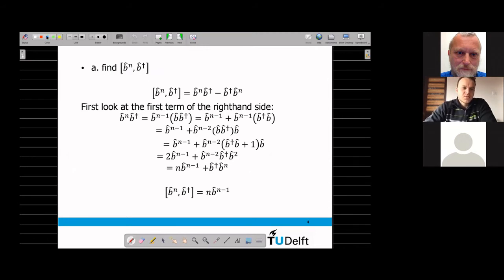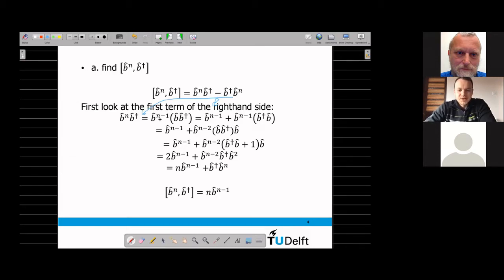So what we do is we write explicitly what is the commutator of those two operators. And we look at this term, on the left-hand side.